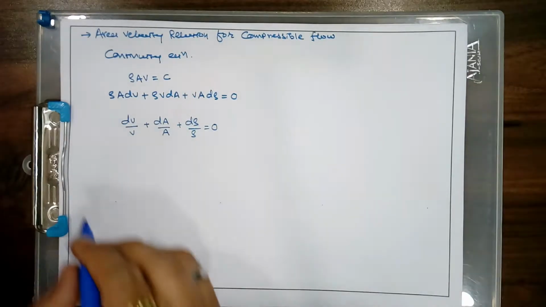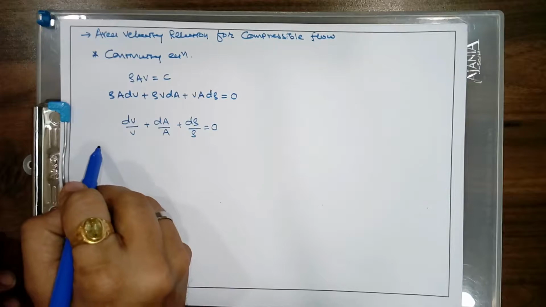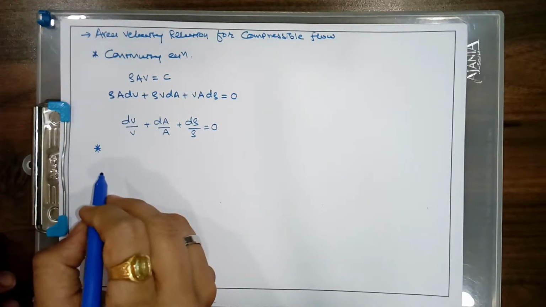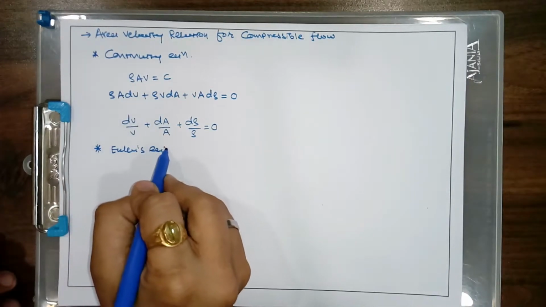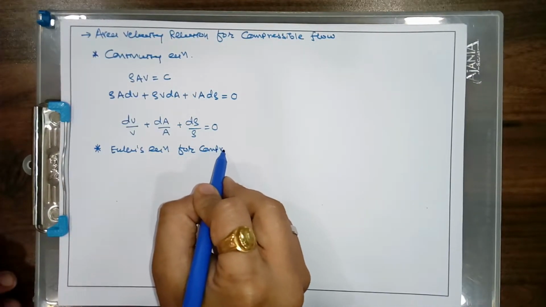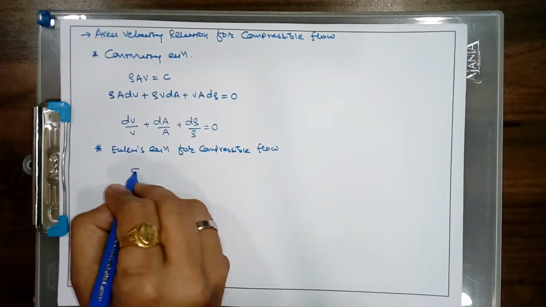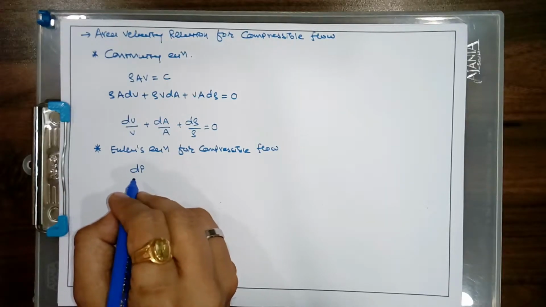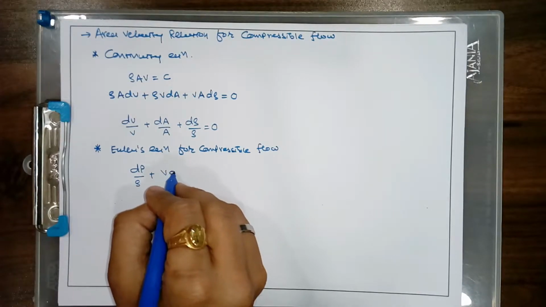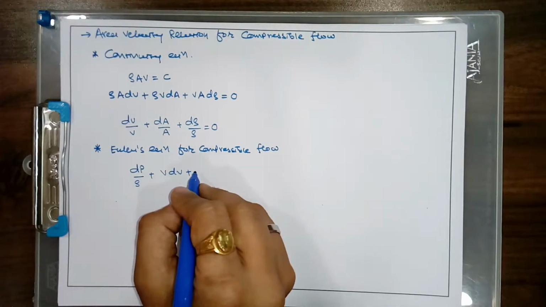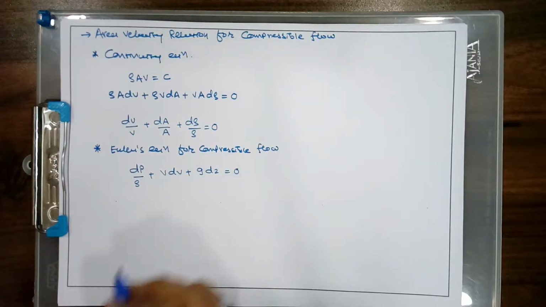Now we go for the second equation, which is Euler's equation for compressible flow. We know Euler's equation: dp by rho plus V dV plus g dz equals 0.